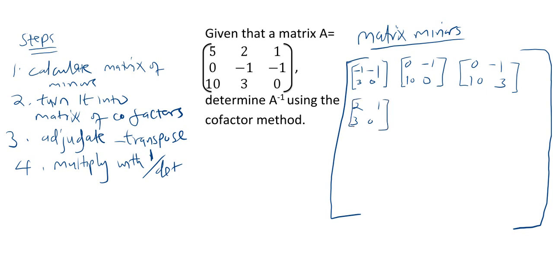We move to negative 1, which will be 5, 1, 10, 3. For this other negative 1, we have to ignore this column and this row, so it will be 5, 1, 10, 0.